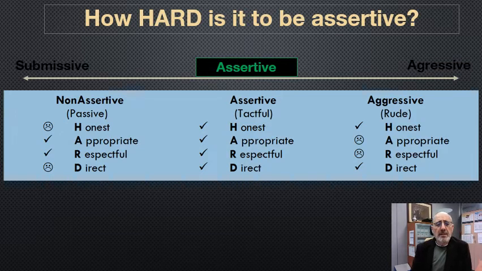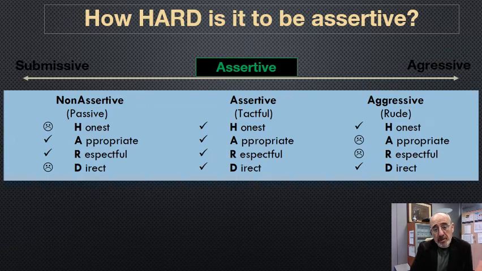So how hard is it to be assertive? This is quite a clear diagram. You can see here that on the submissive pole, meaning non-assertive or passive, you're not being honest because you're not doing what you're willing to do. You are being appropriate, seen from the other's point of view, and respectful, but you're not being direct.